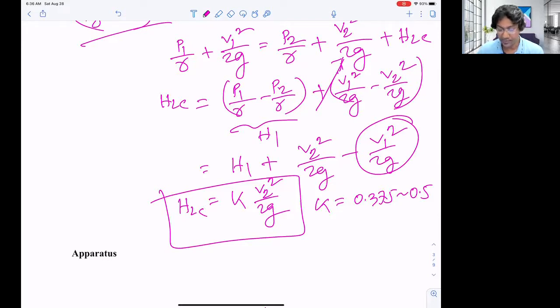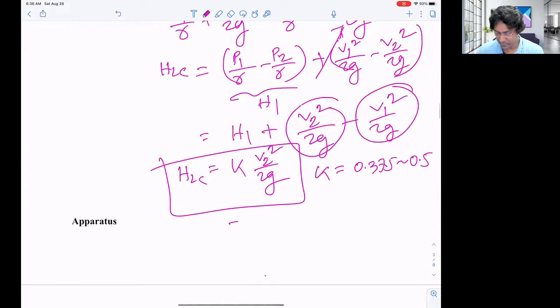We only need to consider the velocity at which we are going to measure the head loss because of the contraction. So we need the diameter of the contracted section, or the smaller diameter pipe, right? So we can even assume that maximum value to be on the safe side, right? So V2 squared divided by twice G, we can use that formula in our experiment as well.